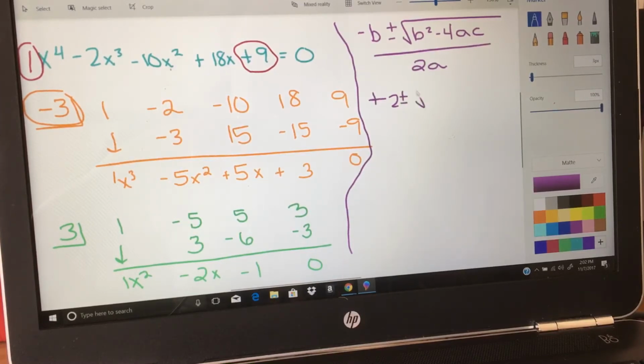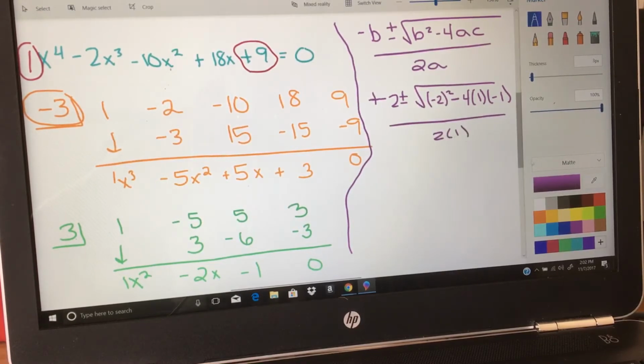Then plus or minus the square root of negative 2 squared minus 4 times a times c, so times 1 times negative 1. And that's over 2a, so 2 times 1. Then we simplify inside this radical: negative 2 squared gives us a positive 4, and negative 4 times 1 times negative 1 is a positive 4 again. So we have 4 plus 4, which is 8.